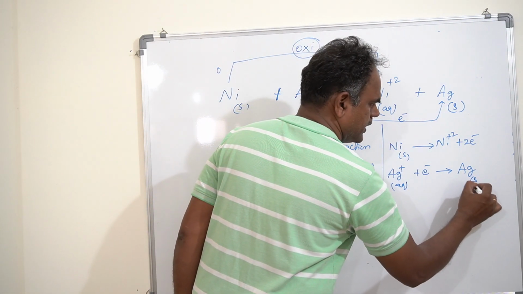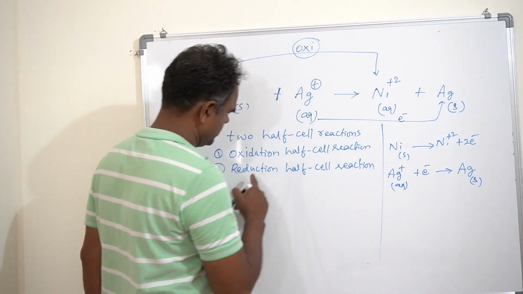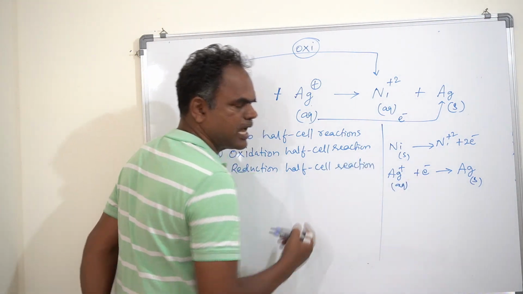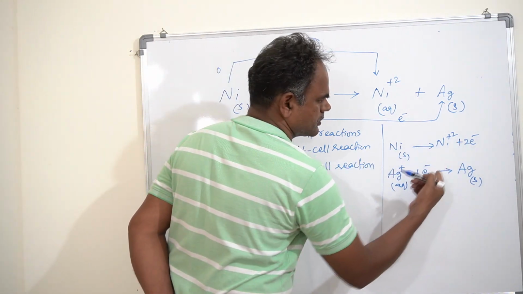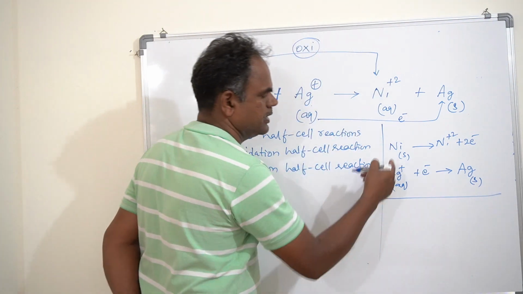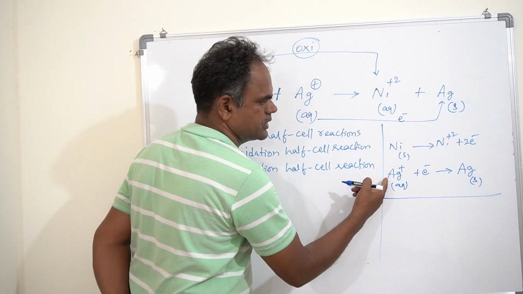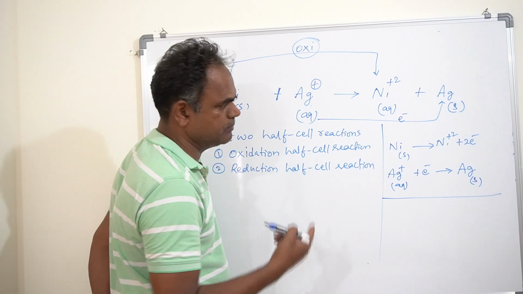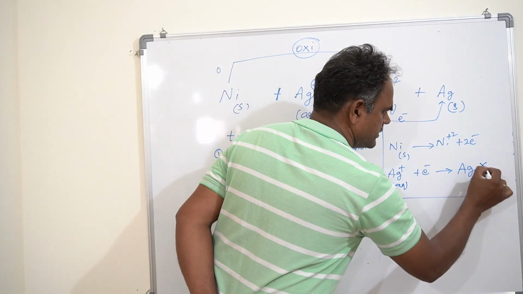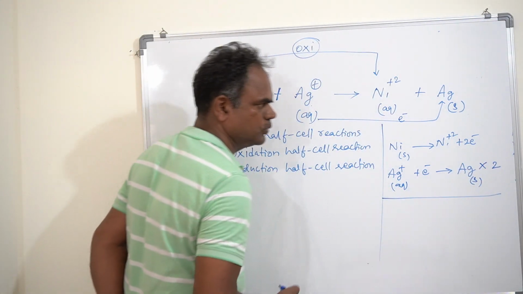This is the reduction half reaction, solid silver. But in both equations, you observe nickel losing 2 electrons and silver gaining 1 electron. To balance, we multiply the silver equation by 2.